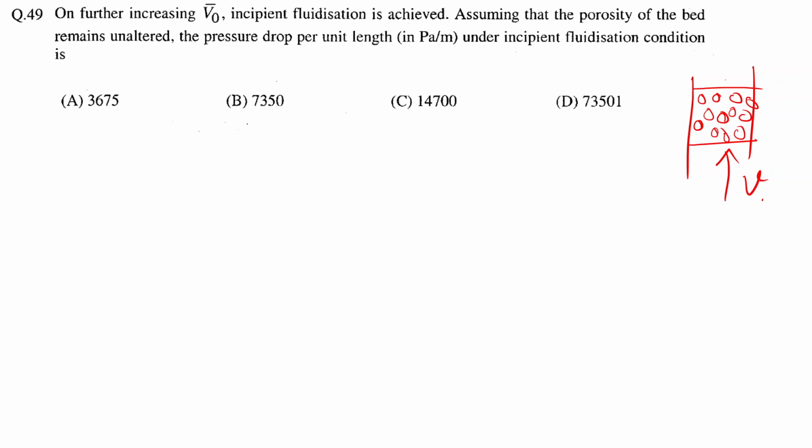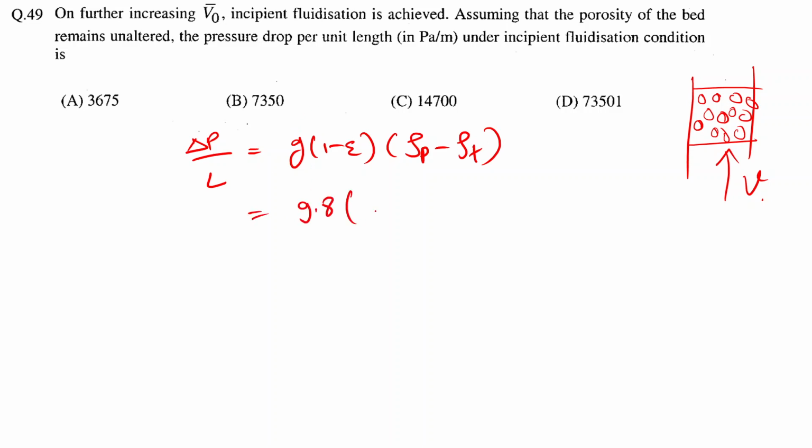So at this incipient fluidization condition, we can write the pressure drop across this bed of length L as delta P by L is equal to g (1 minus epsilon) (rho P minus rho F). Can again replace all the values. g we were given as 9.8, epsilon, the porosity of the bed remains unaltered, so earlier it was 0.5, so now also it will be 0.5. The density of the particles we were given as 2500, the density of the fluid we were given as 1000.